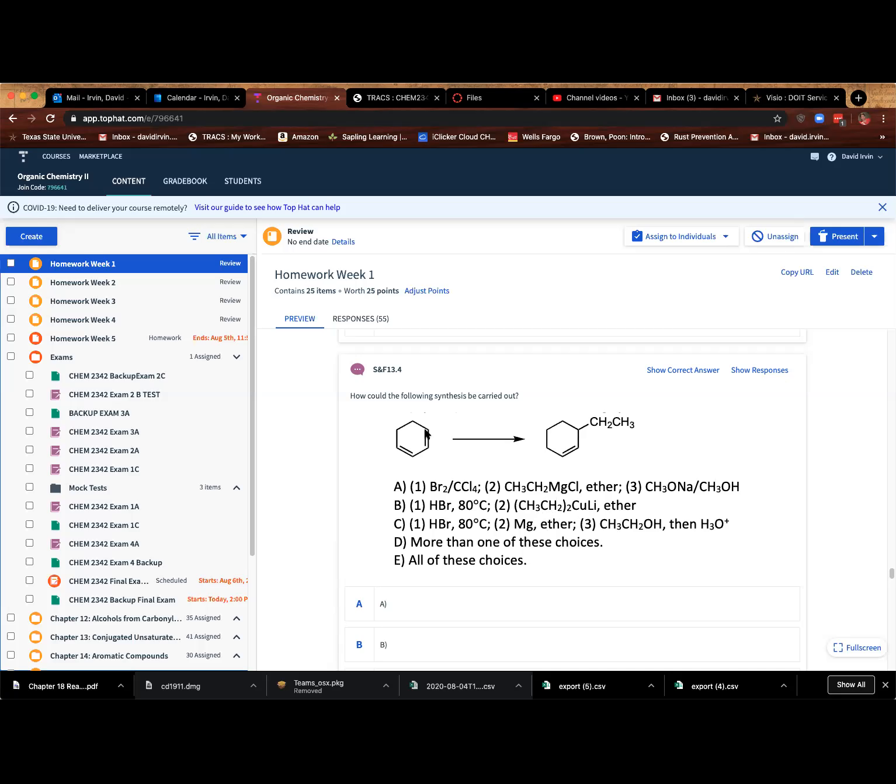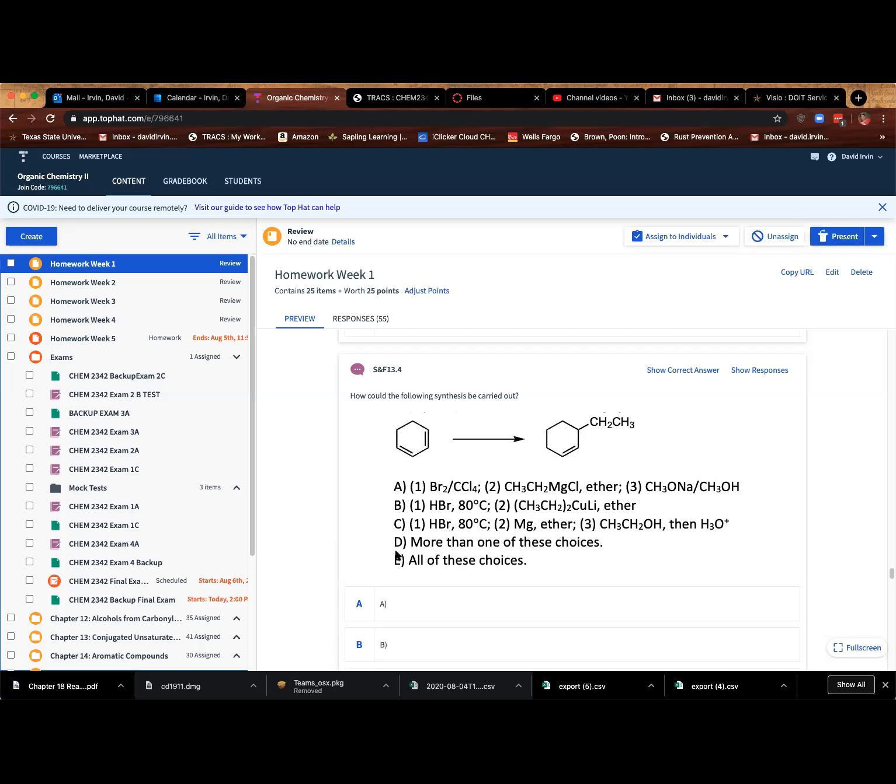However, at the end, we're adding an alcohol right here. The alcohol has a proton on it. So that's just going to quench your Grignard reaction, giving you the cyclohexene. So C won't give us a choice. A won't give us a choice. That eliminates these other 2, so it has to be B.